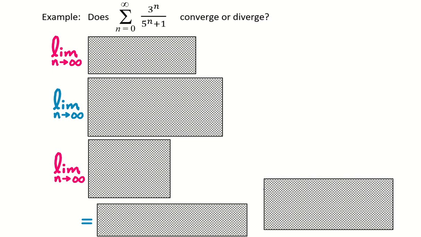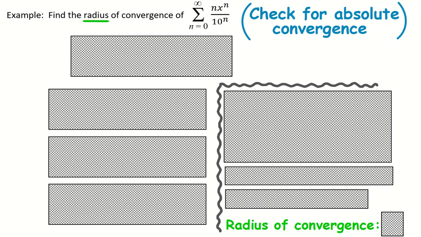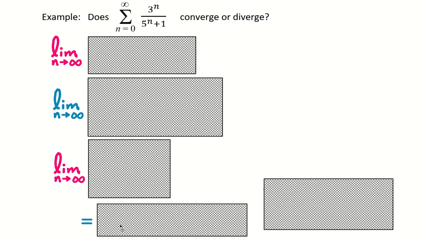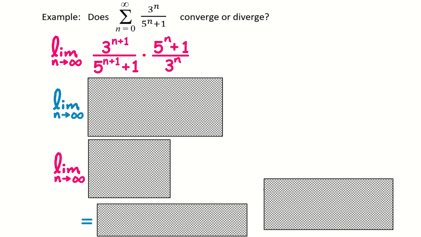How about this one? Well, let's try the ratio test. That would be the setup. A sub n plus 1 divided by a sub n. Okay.